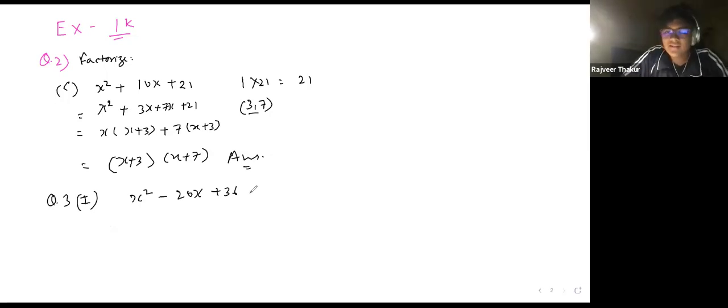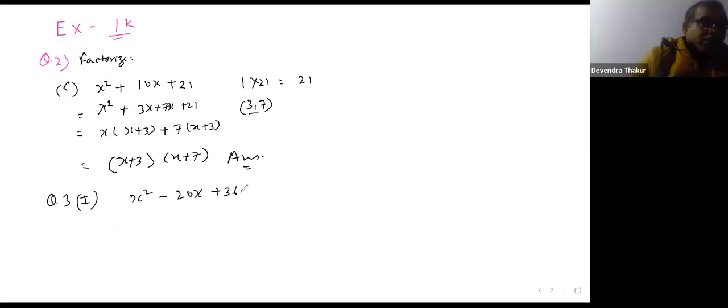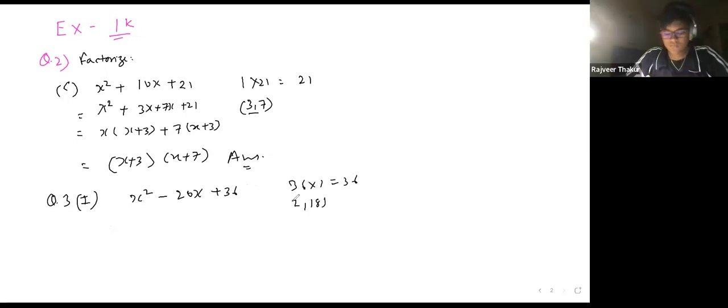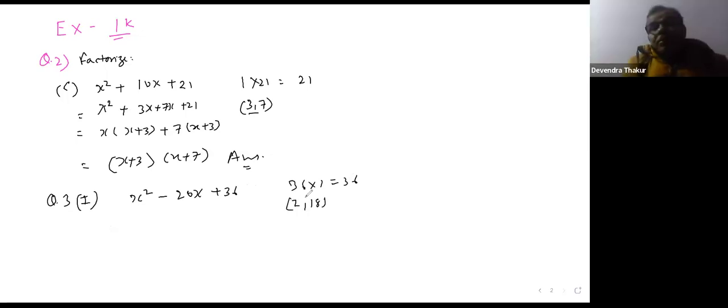So here we have 36 times 1 is 36. Now if we take the pair of factors, one pair of factors is always the number itself and 1. And if we take 2 and 18, we need not go further. Why?